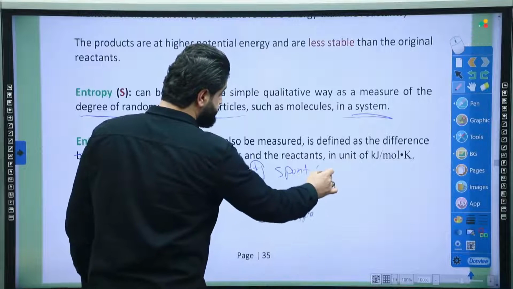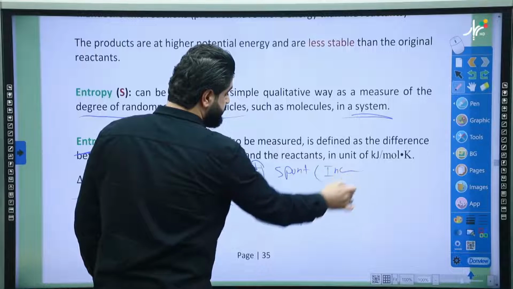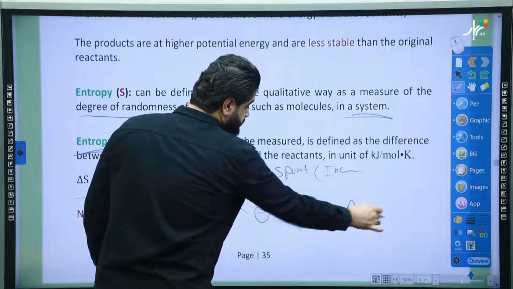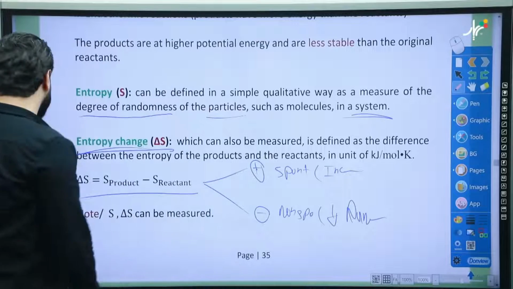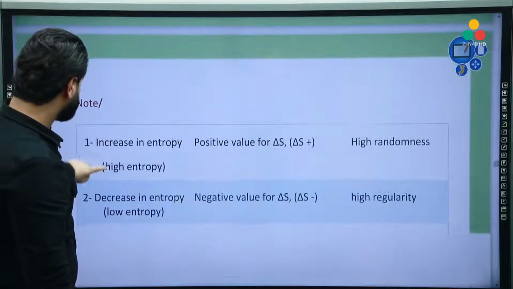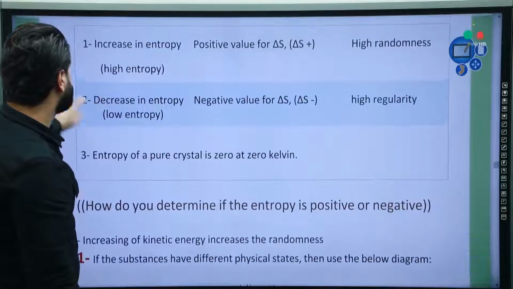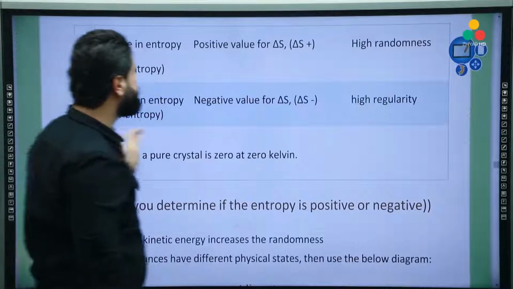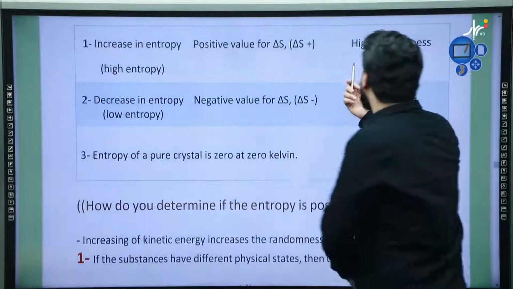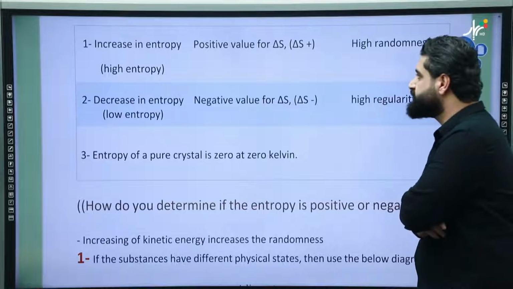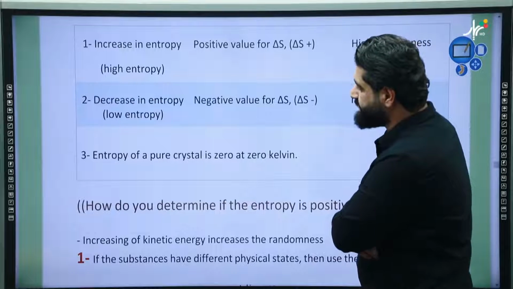It means increasing randomness, but this one, decreasing randomness, right? Increasing randomness and decreasing randomness. An increase in entropy means high randomness, so it's spontaneous.